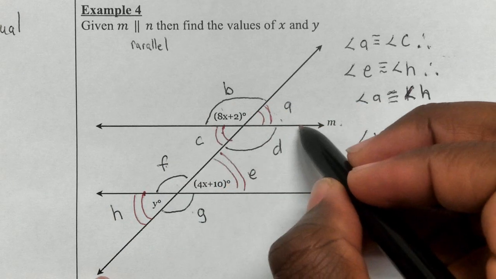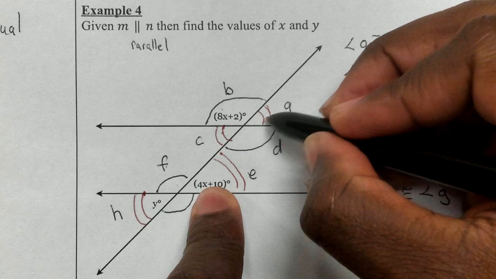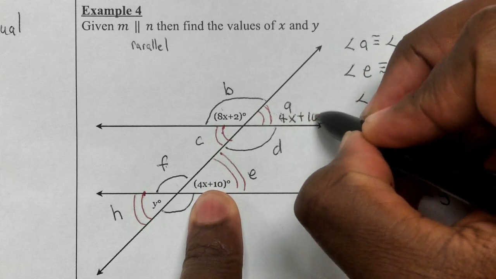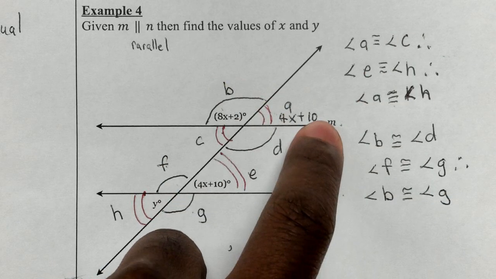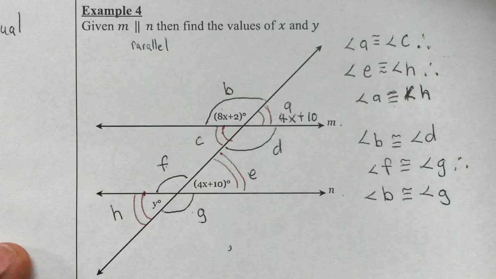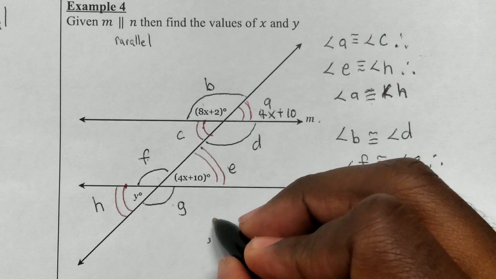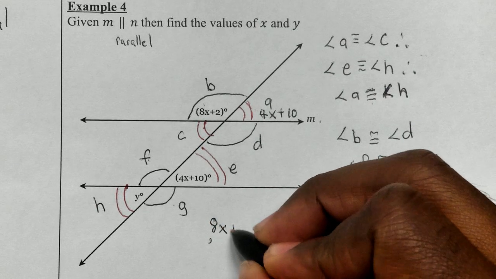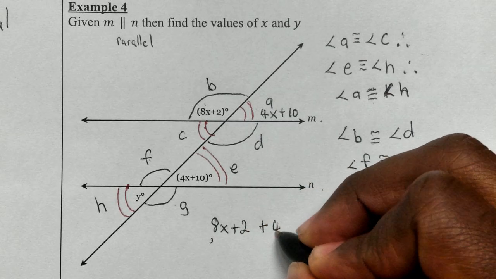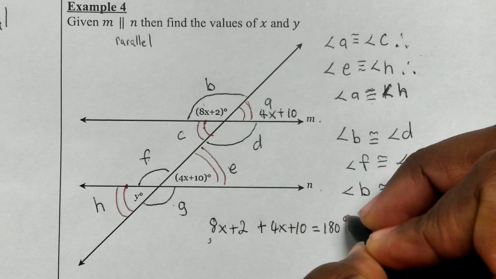So we could substitute this right here so that they're equivalent of 4x plus 10, and I could say that this entire thing is a straight line and it measures 180 degrees, okay? So I would say that 8x plus 2 plus 4x plus 10 is equal to 180 degrees.